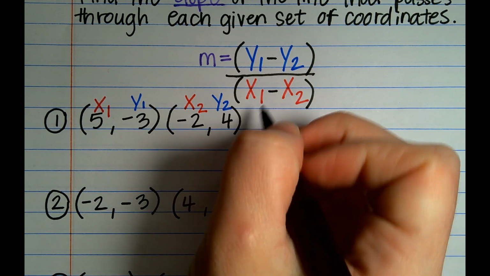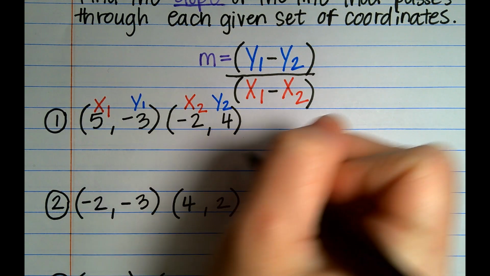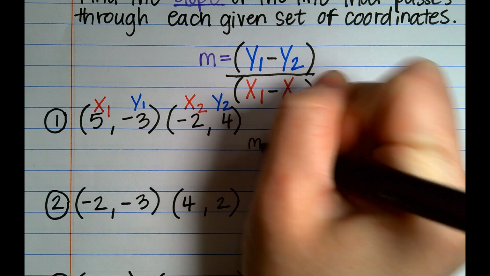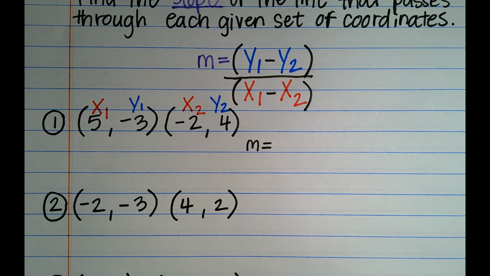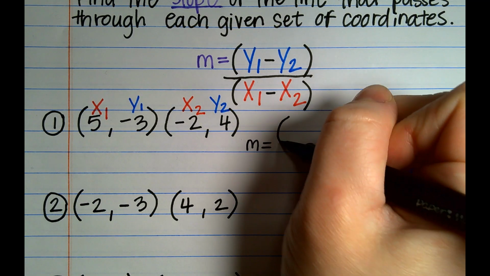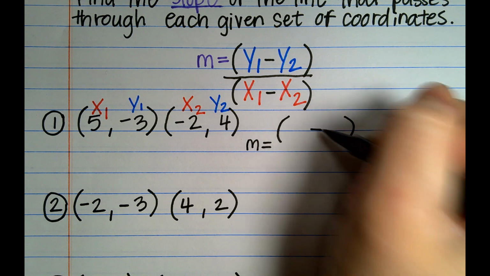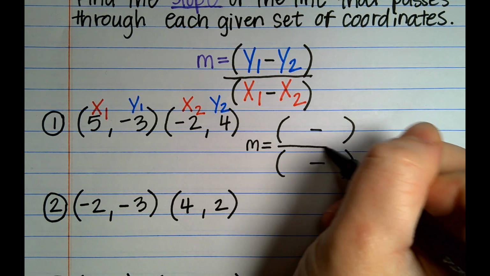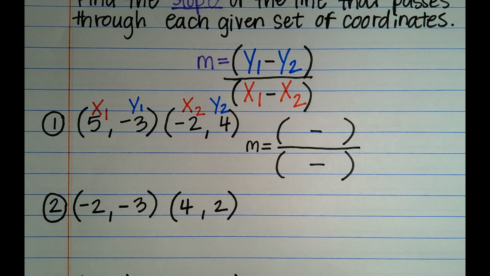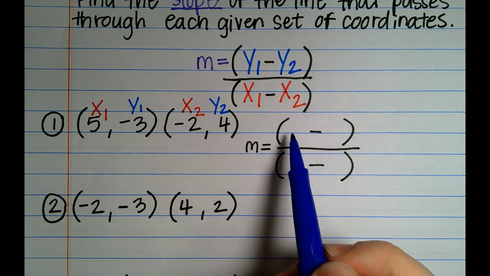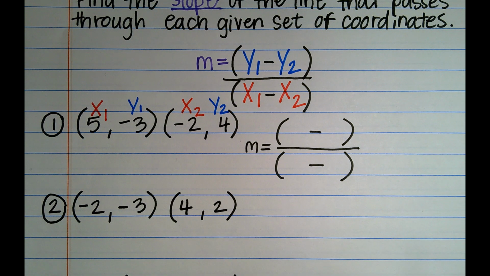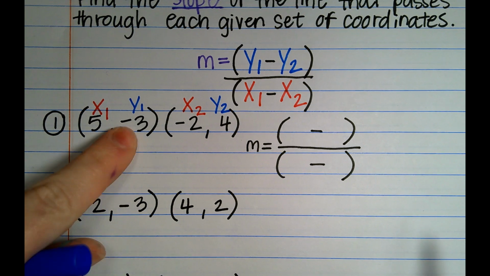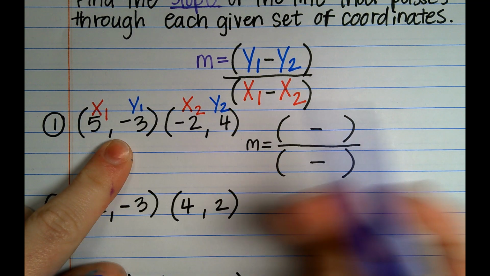Over to the side, I'm just going to write m equals, and I will give myself 2 big sets of empty parentheses, just like that. What number goes in the first blank? -3, y1, -3.